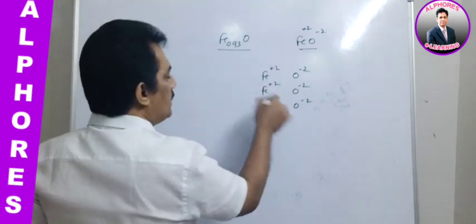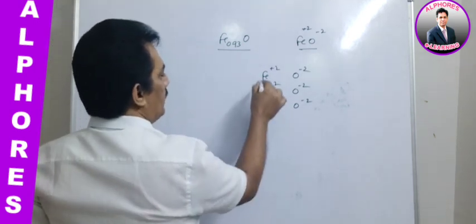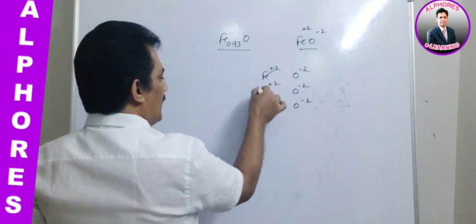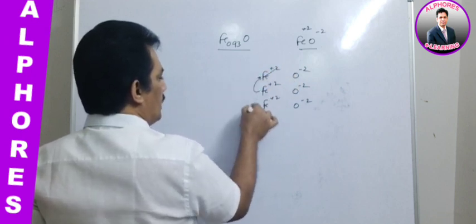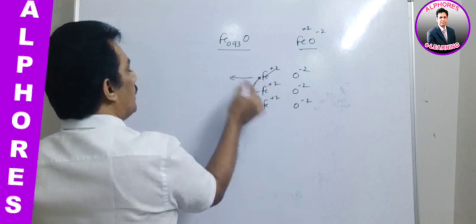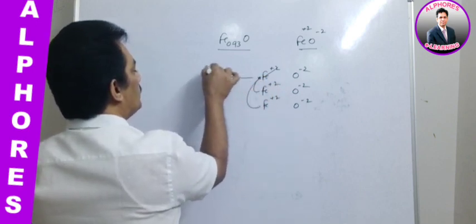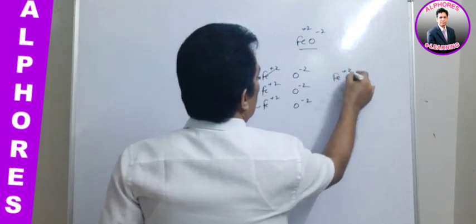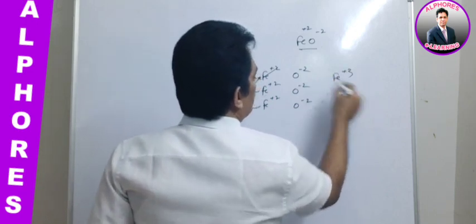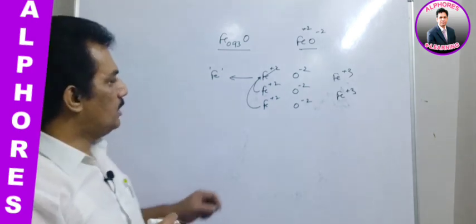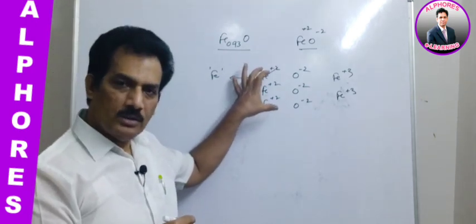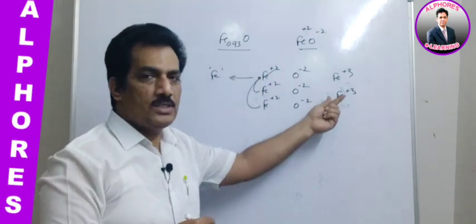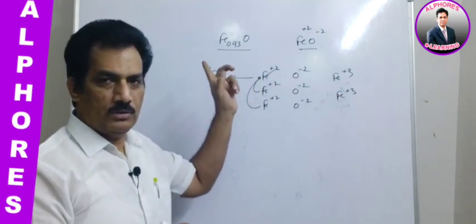Now when these are present like this, if one of these iron ions gives electrons to the others and is itself reduced to an iron atom, then the other two will become Fe+3 and Fe+3. Are you following? That means instead of 3 ferrous ions, 2 ferric ions will exist and 1 will be reduced.